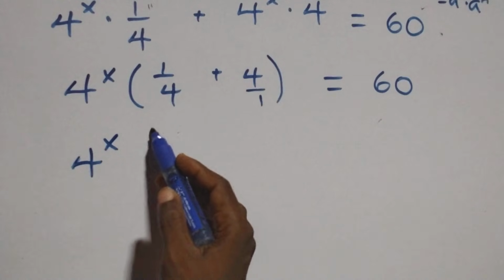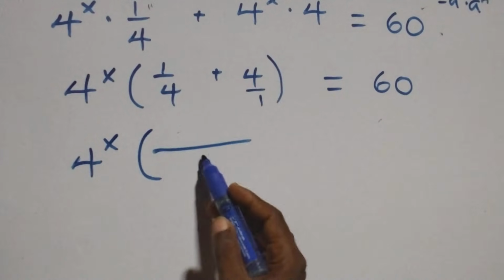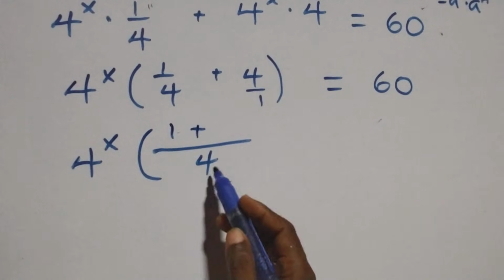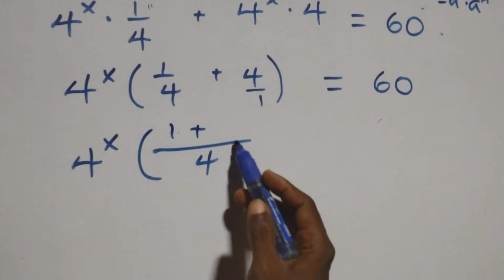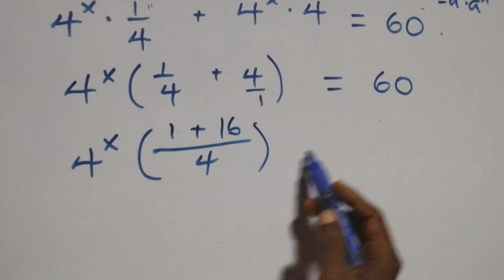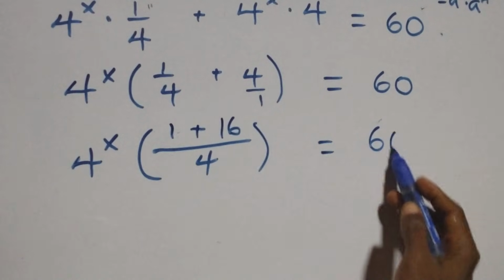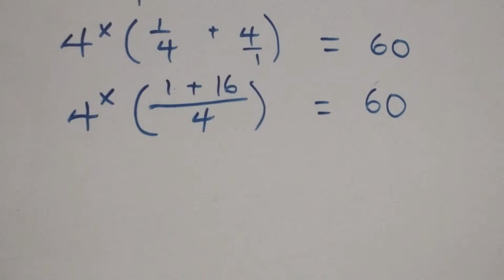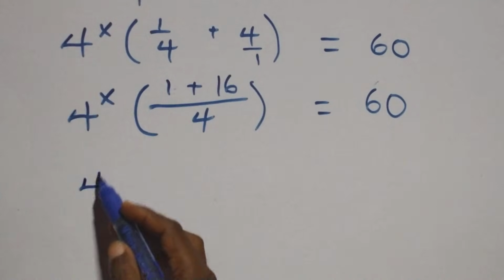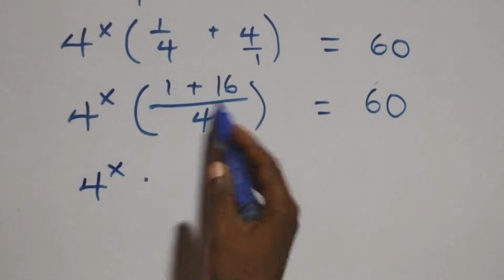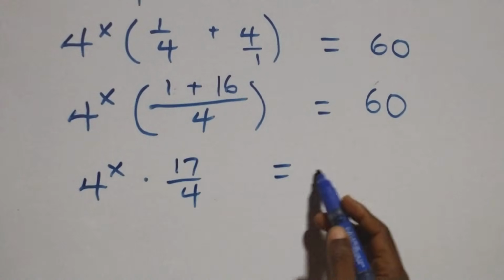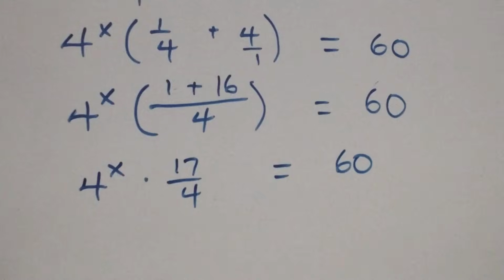This becomes 4 raised to power x, LCM here into bracket. LCM, that's 4. Here we have 4 in 4, 1. 1 times 1, 1, plus 1 in 4, 4. 4 times 4, that's 16. Close bracket, equals 60 on this side. Here this becomes 4 raised to power x times 1 plus 16, that's 17 over 4, equals 60 on this side.